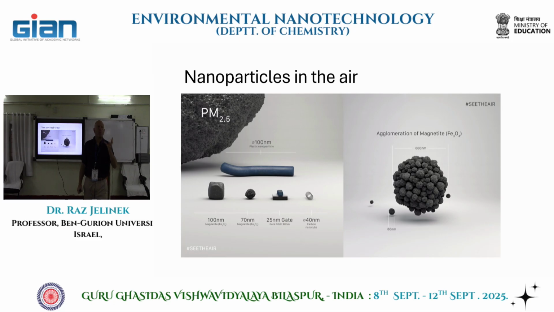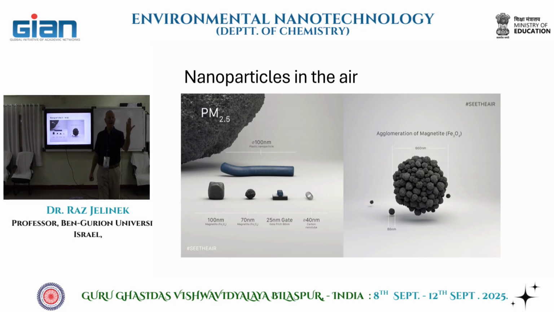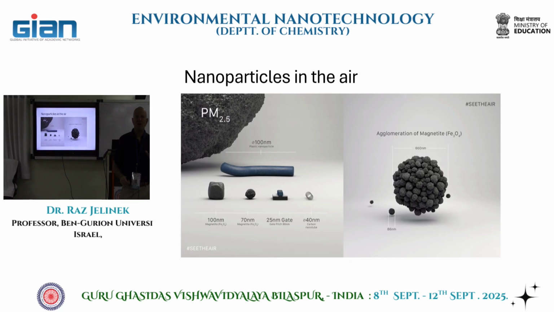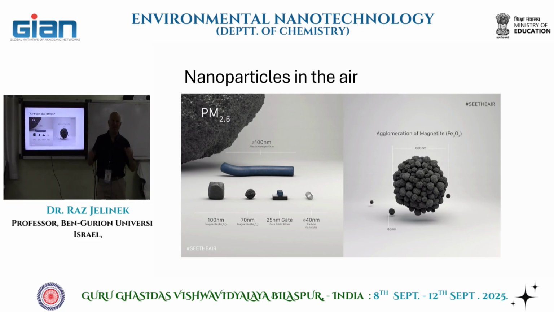So when you see numbers or parameters for air pollution, people usually talk about PM2.5. There are apps on the phone that can tell you any minute what is the concentration of PM2.5 in the air. It can give us an idea if it's safe to be outside or not. But if you think about it, PM2.5 compared to nanoparticles, it's huge.